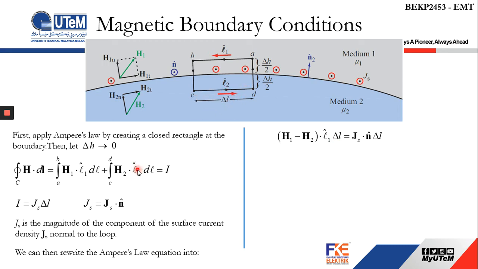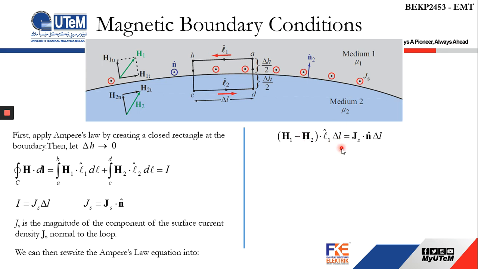Why does L2 disappear into L1? Because we know that L1 and L2 are exactly the same length. The only difference is the direction. So we can put it as H1 L1 minus H2 L1, and we can factor it out, because L1 is equivalent to L2, only the direction is opposite. That's why we have the negative sign here.